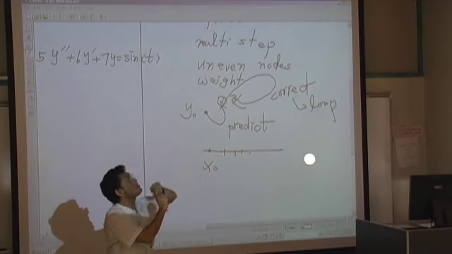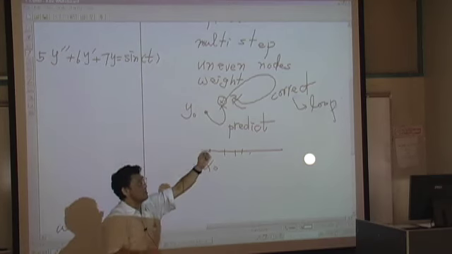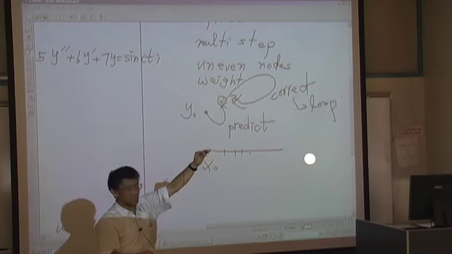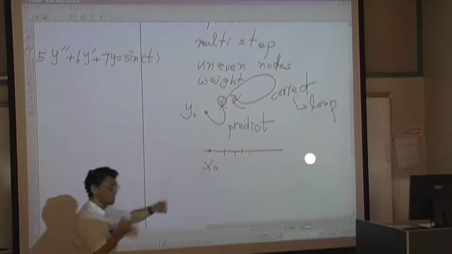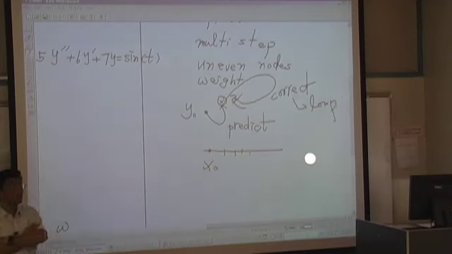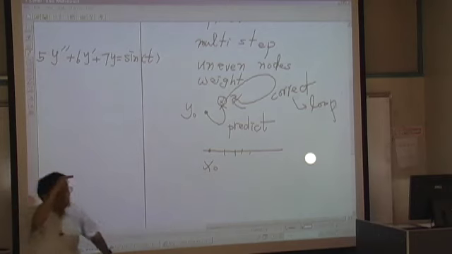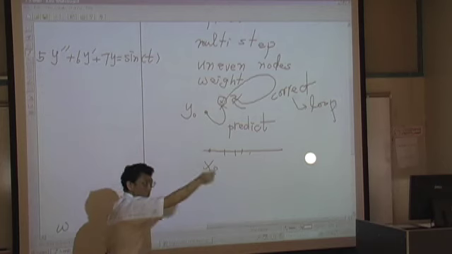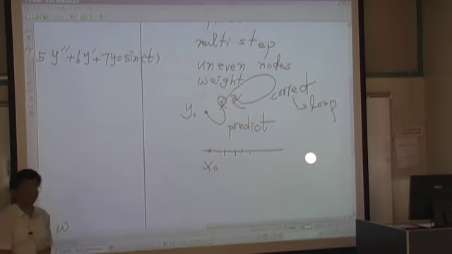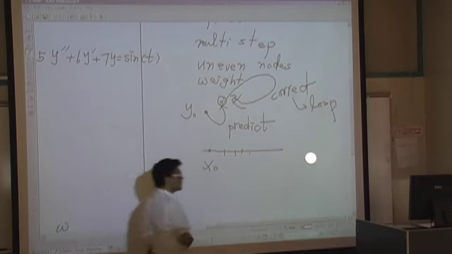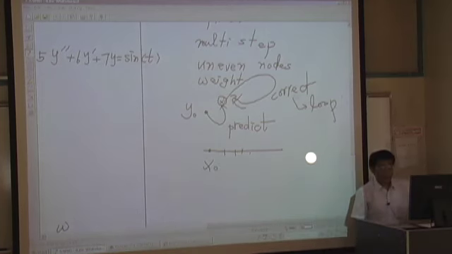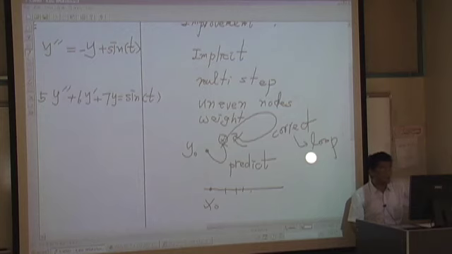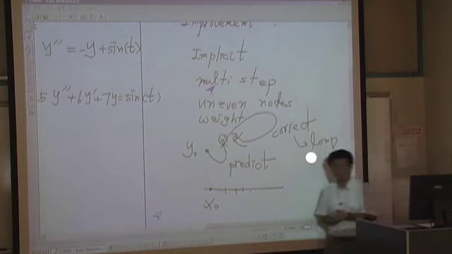But we go very close to the actual height, and then we control the height here. Then it may have better value. That is the philosophy behind this theory. You follow me? So we go close to the point and then correct. So this is called the predictor-corrector method, right?